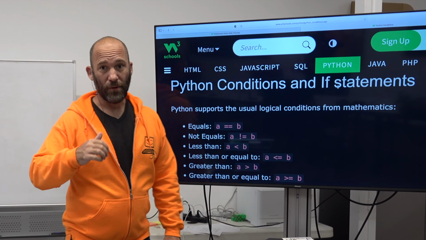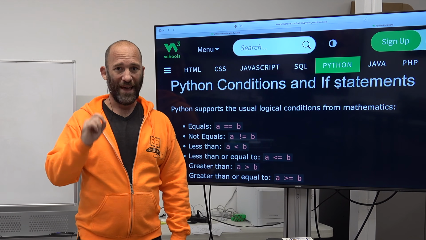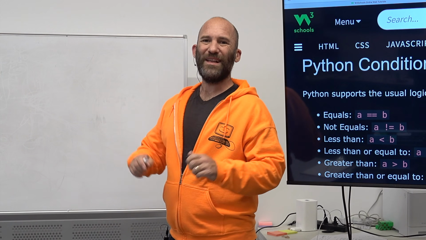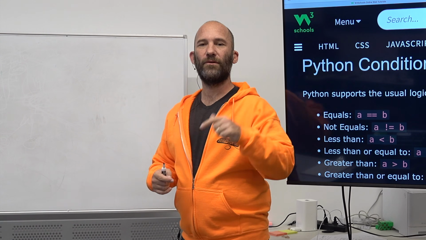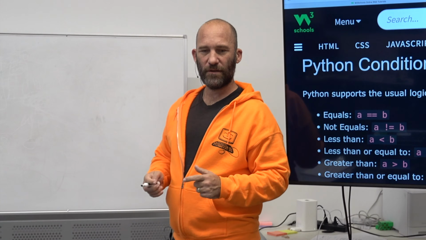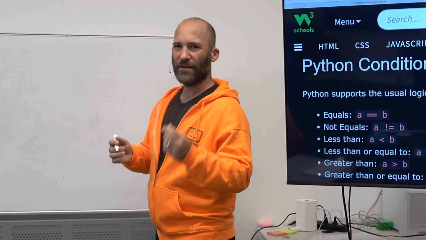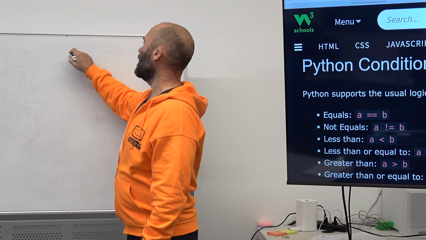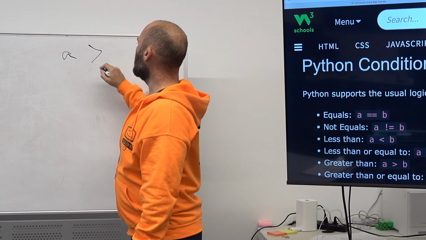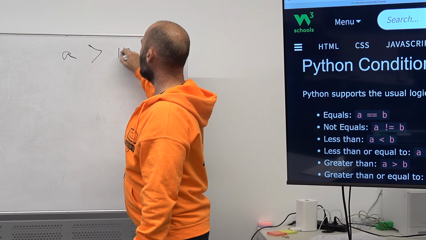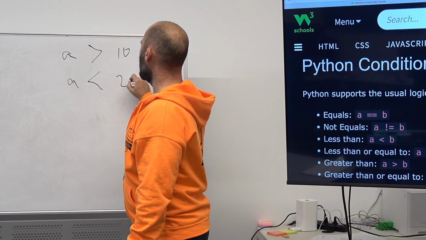But let's go over to the board for a second to explain the whole less than or equal to and greater than or equal to, because this is something that mucks up people's brains when they're first learning programming. So let's say we have a variable A greater than, let's say, 10, and we have a variable A and we say less than 20.